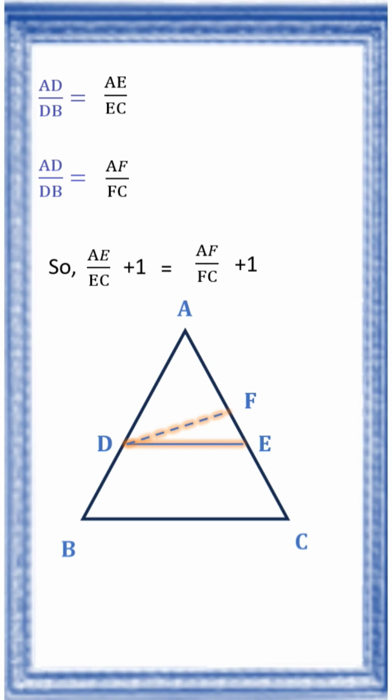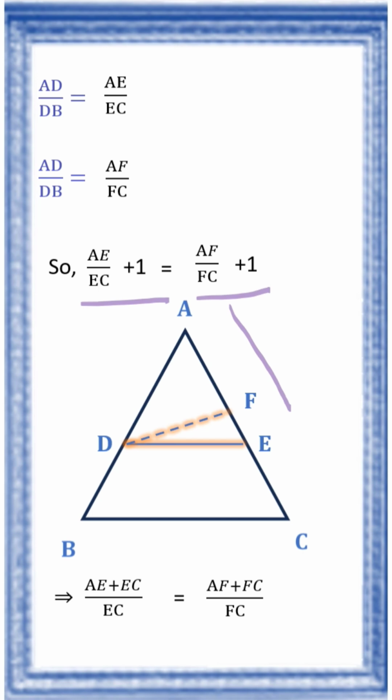Here LCM is EC, so in the numerator you will have AE plus EC by EC in the denominator, is equal to, here LCM is FC, AF plus FC upon FC. You might have now understood. AE plus EC, what is it? AC. In the next step I will explain.